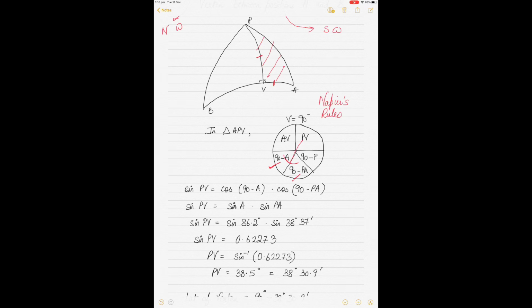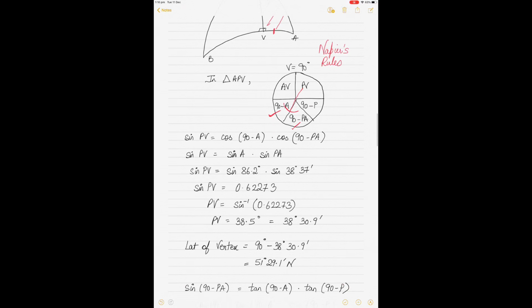So I will use the rule sine of the middle equals cos of the opposites here. Put sine of the middle as PV and cos of the opposites as cos 90 minus A and cos 90 minus PA. Cos 90 minus A is also equal to sine A, and cos 90 minus PA is also equal to sine PA.